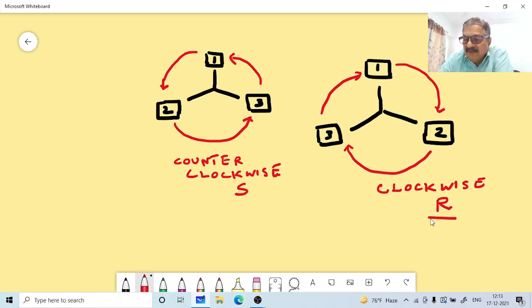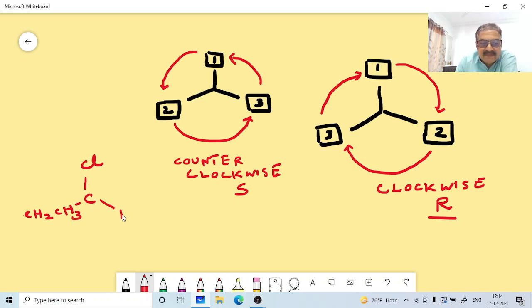Okay. Now, another example I can just show you. It will be the same kind of thing. There is no difference here. Now, if you see a compound like this here, CCl. Hydrogen is behind.